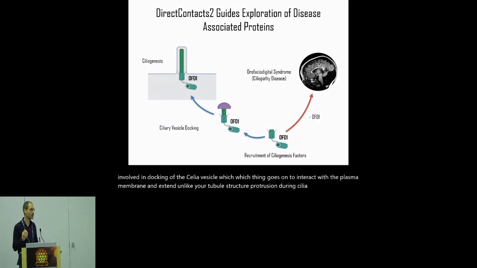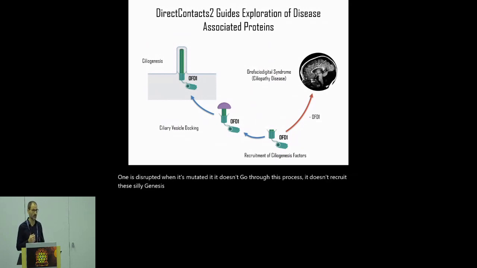When OFD1 is disrupted, when it's mutated, it doesn't go through this process. It doesn't recruit these ciliogenesis factors, but instead gives rise to these clinical phenotypes in patients.